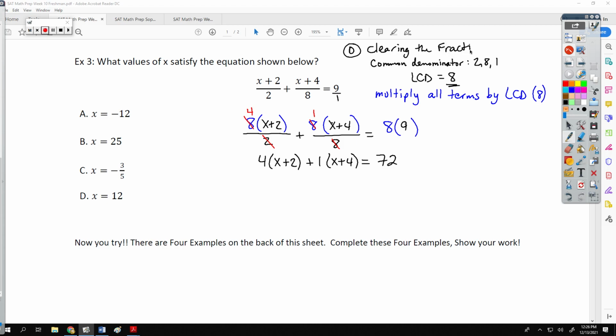And that becomes the new first step in our process. So we would start by clearing the fractions, which again is multiply by the least common denominator. Then we would expand, just like we did before, which is distribute.